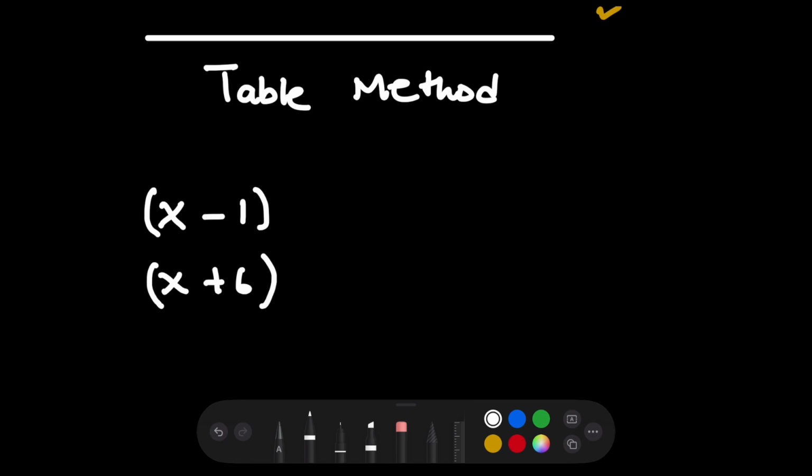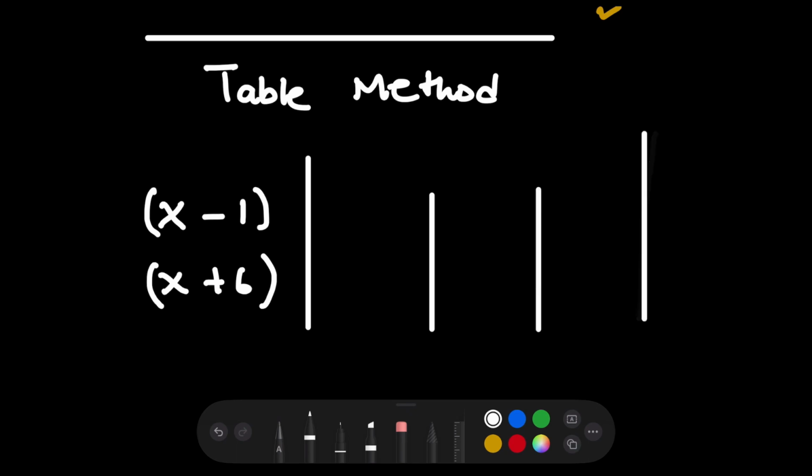The only thing we need to take note of on the table method is that we are multiplying two portions here, and this is the governing thing.